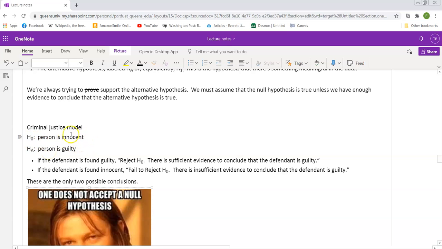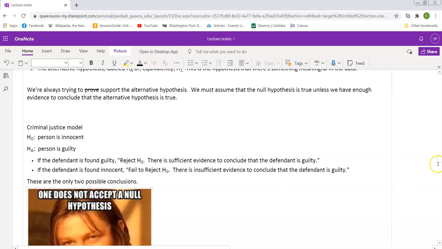So with this one, we're starting with this assumption of H naught, as always, but in this case, we say, no, I'm stuck at H naught. I can't rule that out to conclude that the person is guilty. So there's not sufficient evidence to conclude that the defendant is guilty. These are the only two possible conclusions. There's no mixing and matching on these two sentences.